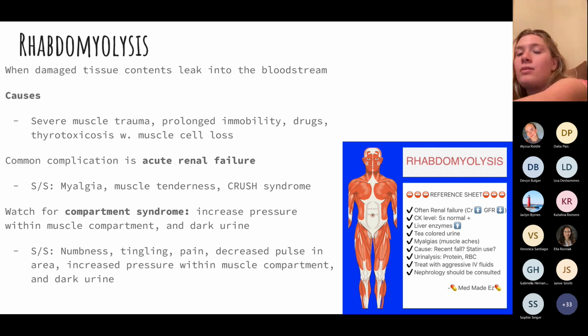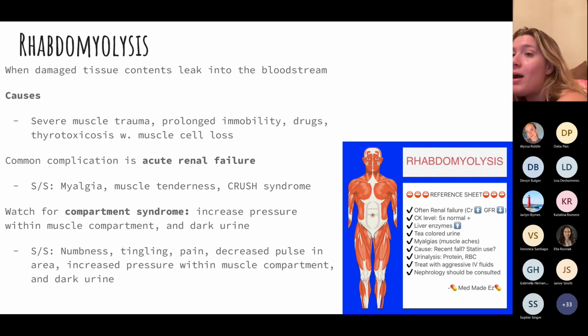My kidneys help with filtering, so it's going to lead to acute renal failure. So you'll see an increase in creatinine, a decrease in GFR, and my CK, my creatine kinase level, is going to be through the roof. They're also going to have lots of muscle weakness and tenderness, and they'll have tea-colored urine because they're excreting all of this damaged tissue content.